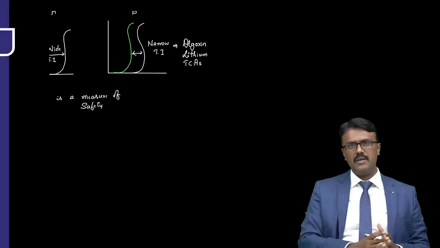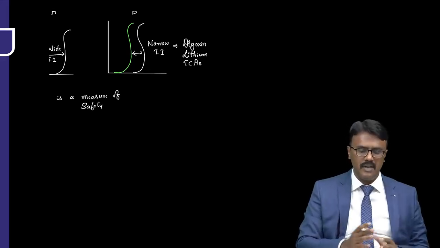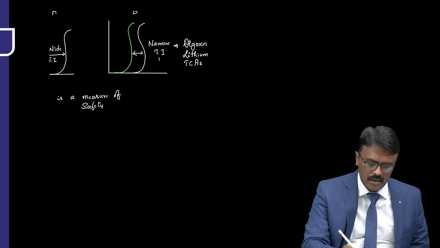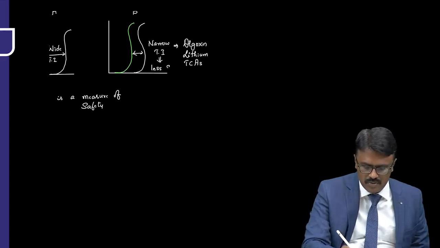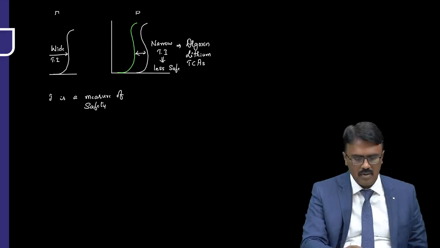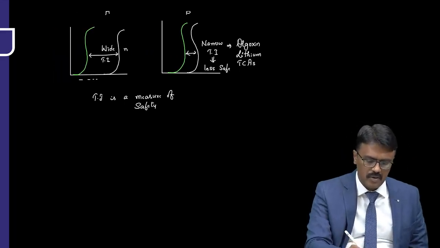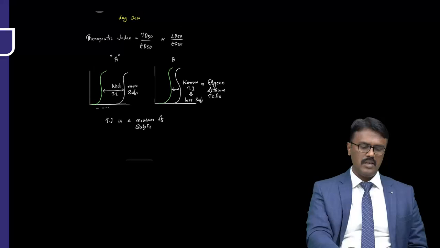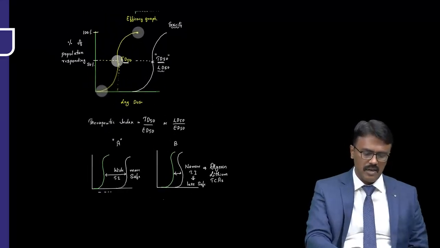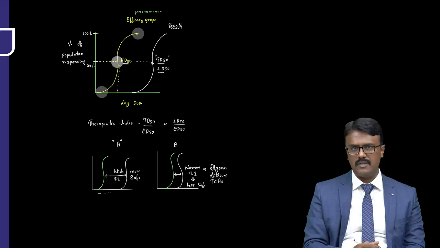So in the exam, if they tell you a drug has narrow therapeutic index, what do you understand by that? These are less safe to use. Now, if the drug has wide therapeutic index, what do you mean by that? They are more safe to use. That's it. So that is the reason why we understand therapeutic index.